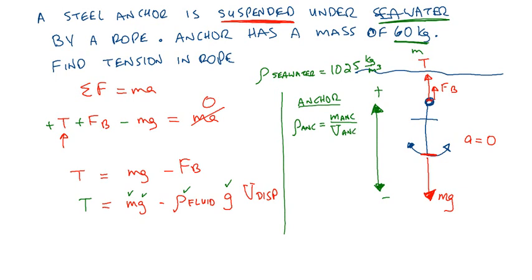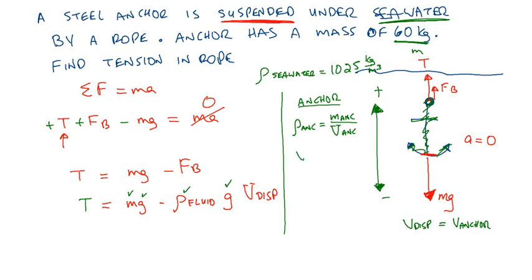I want the volume of the anchor, right? In this case, the displaced volume is equal to the anchor volume because the whole thing's underwater. All of it is displacing fluid, not just part of it. All of it's underwater. So if I can find the volume of the anchor, that would be my displaced volume.